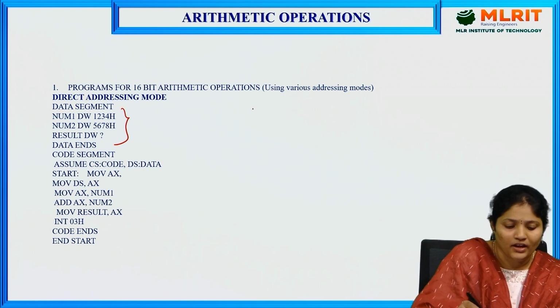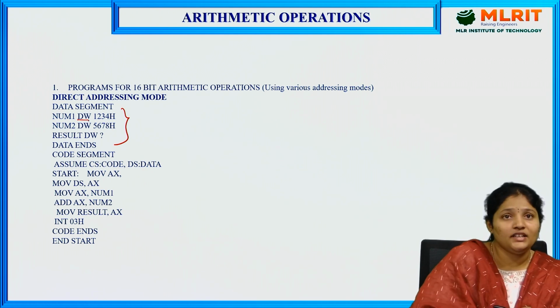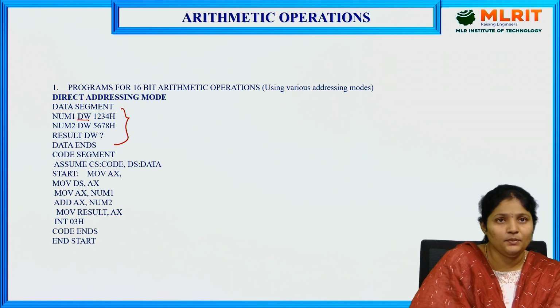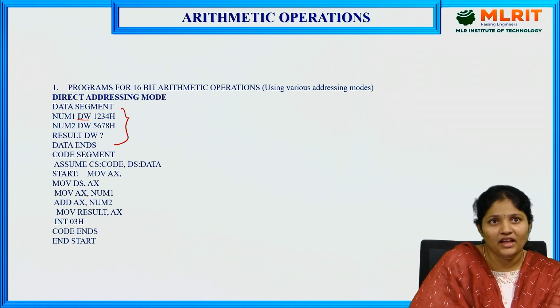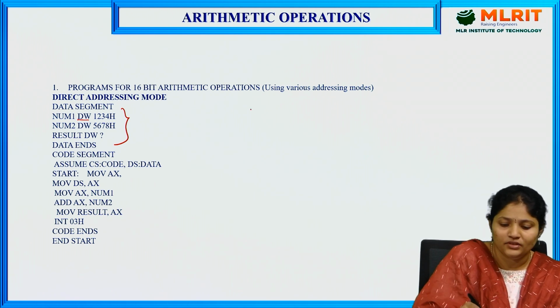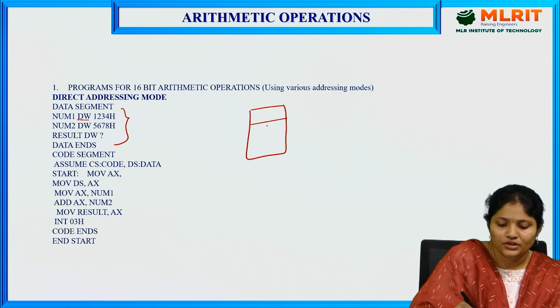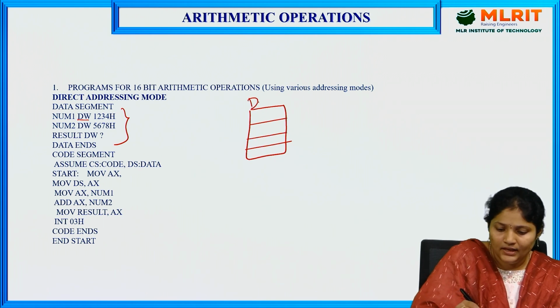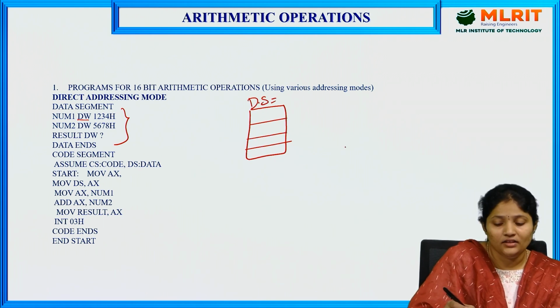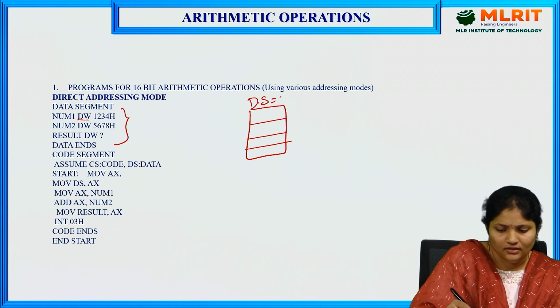Here number 1, DW is define word, so 16-bit memory will be allocated to store this 1234H. Suppose the data segment register has the segment value, consider it as 2000H.